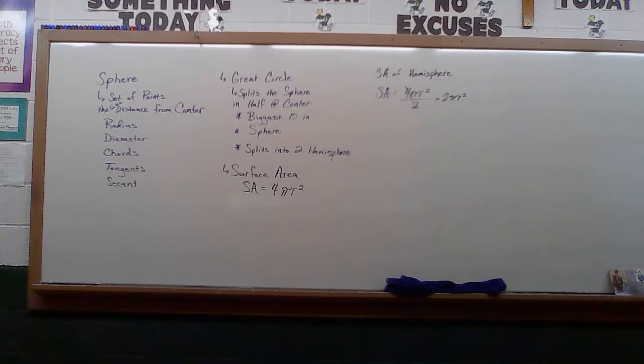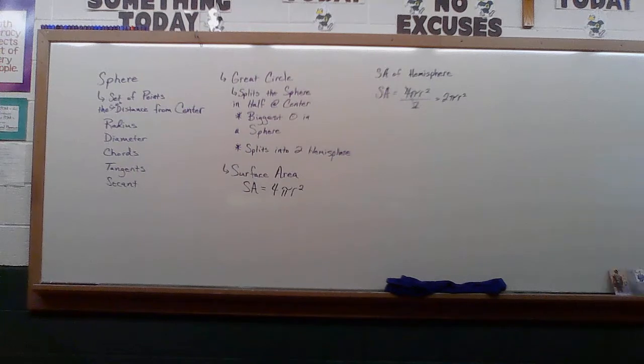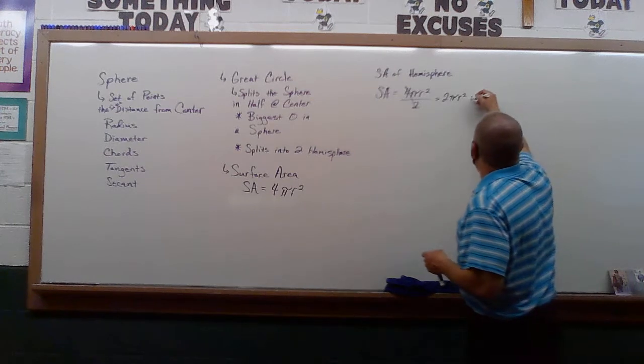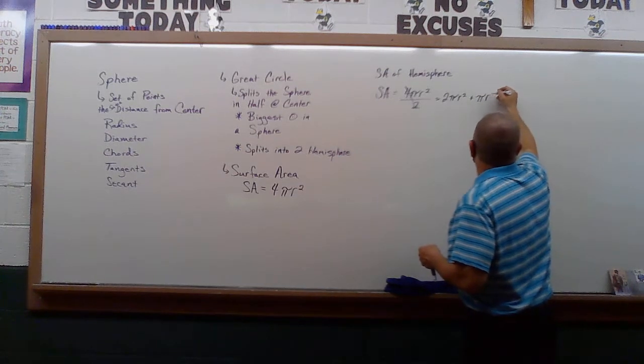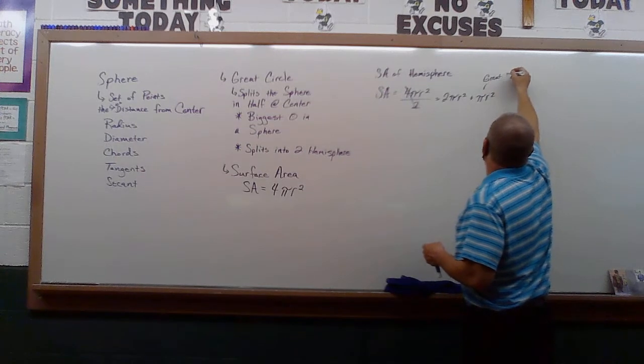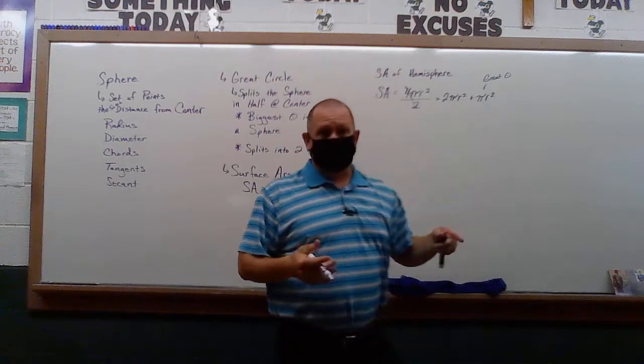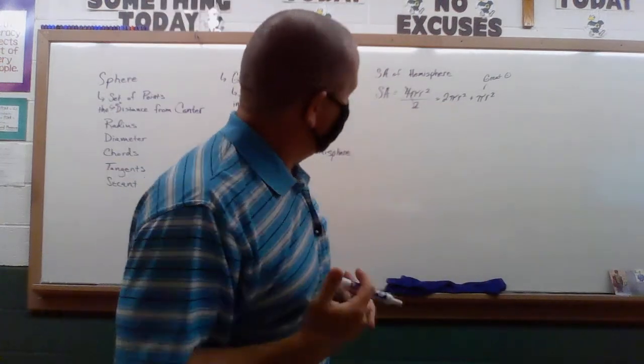Now, what else do I have to consider with a hemisphere? The circle on the bottom, right? And so basically, what's the area of just one circle? Pi r squared again, right? So we're going to add another pi r squared because this is really the great circle on the bottom. This part would be the kind of ball-shaped part.